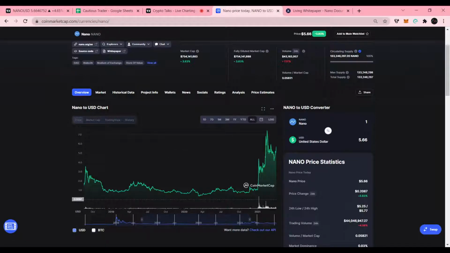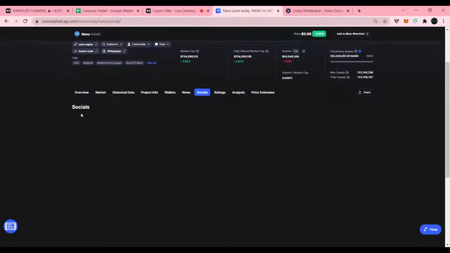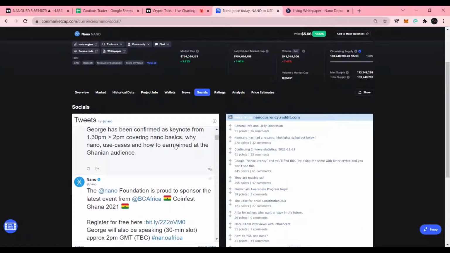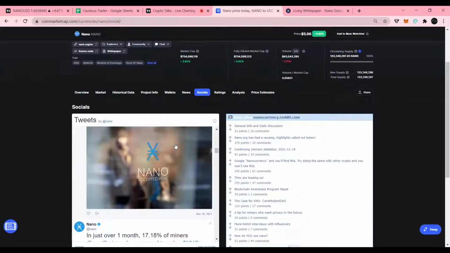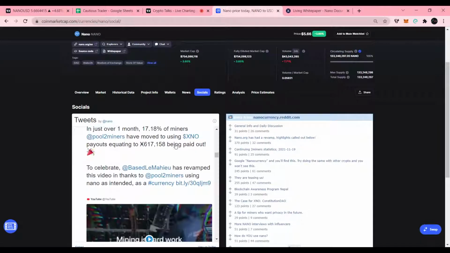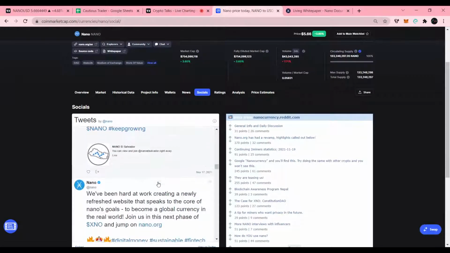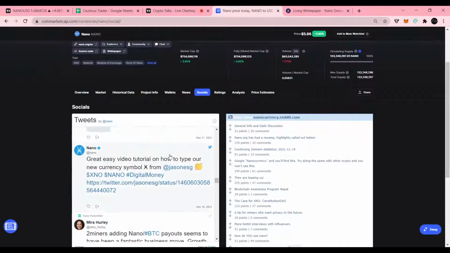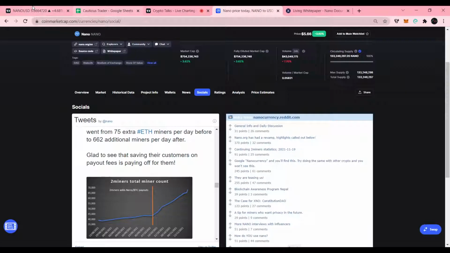But you can see there is a volume spike here, so there's possible accumulation happening. I'm just not updated with it.